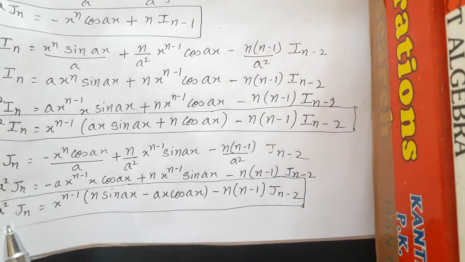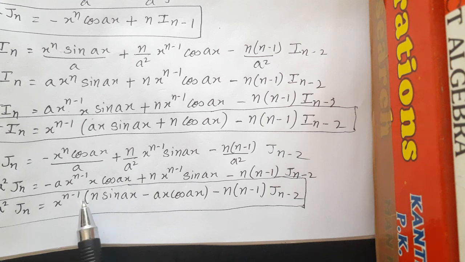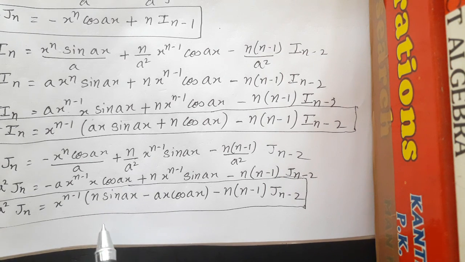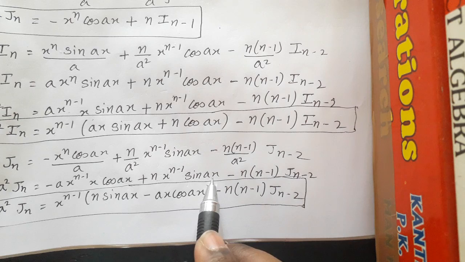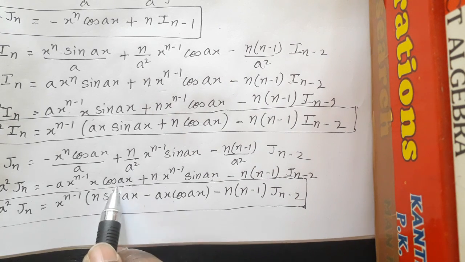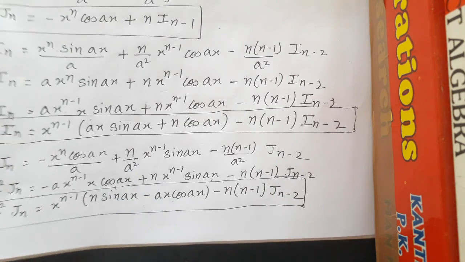So we get here a^2 J_n equal to x^(n-1), I take common here. So I am left with n sine ax minus a x cos ax, minus n(n-1) J_(n-2). So that proved Roman 4. Thank you.